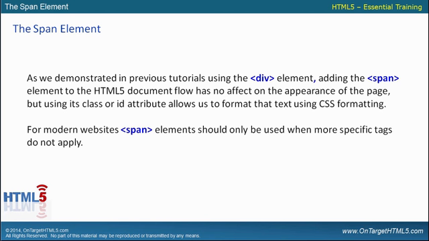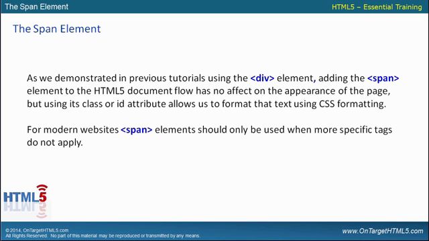The span element works the same way. It does not impede document flow, and it does not change the appearance of things in the browser window until we start formatting that element using CSS. But using its class or ID attributes allows us to format that text using CSS, and I'm going to demonstrate that as we get into the demonstration.